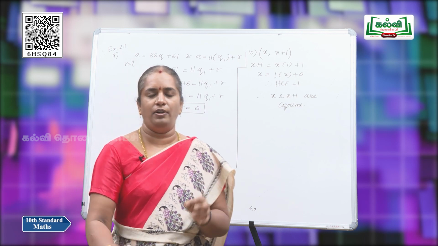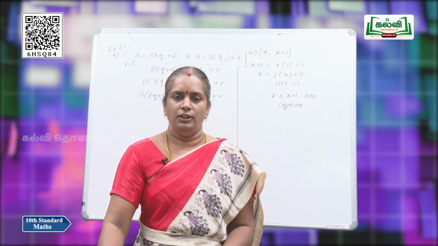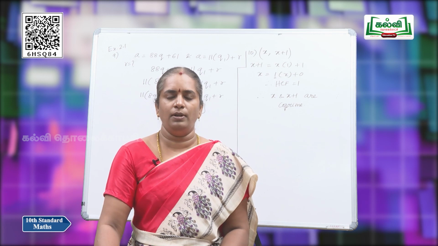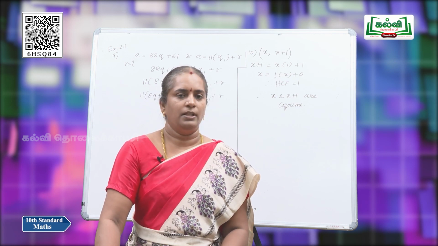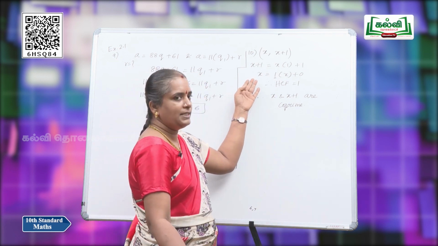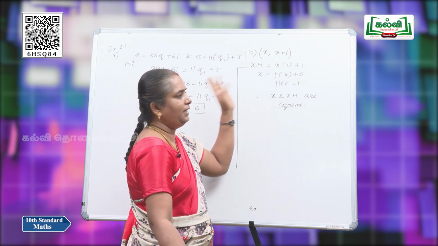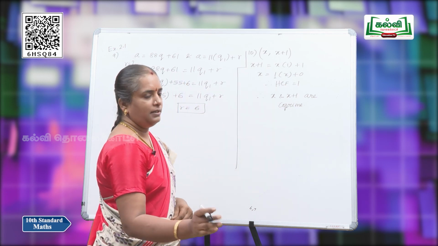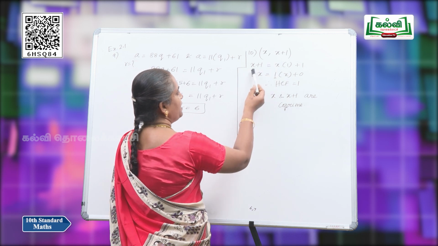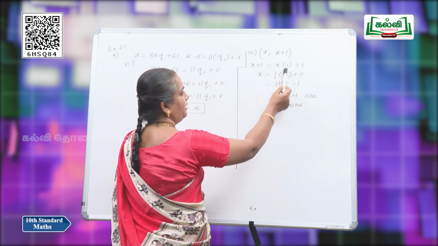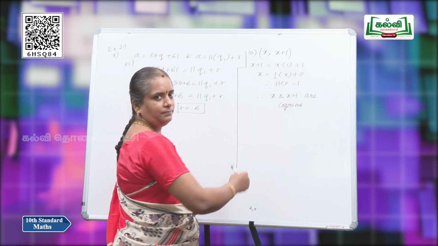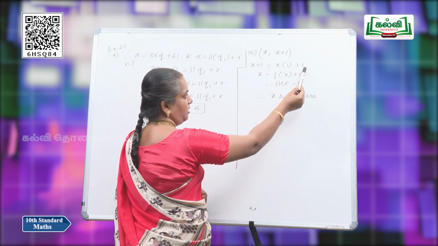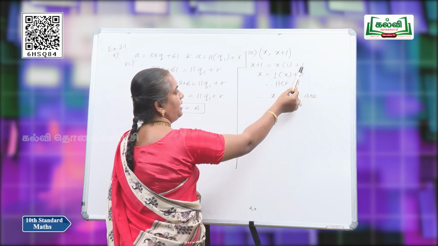If the HCF of any two numbers is 1, you know very well that those two numbers are co-prime. First find the HCF of x plus 1 and x using Euclid's division algorithm. So, x plus 1 is equal to x into 1 plus remainder 1, and as the remainder is not 0, proceed with x and 1.